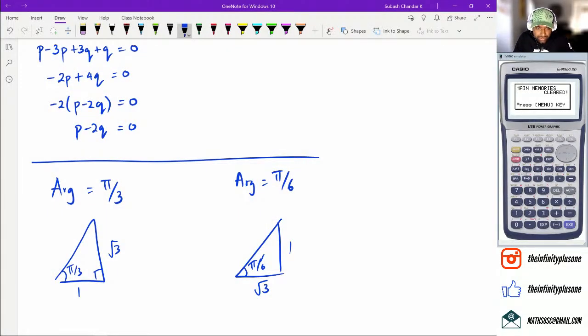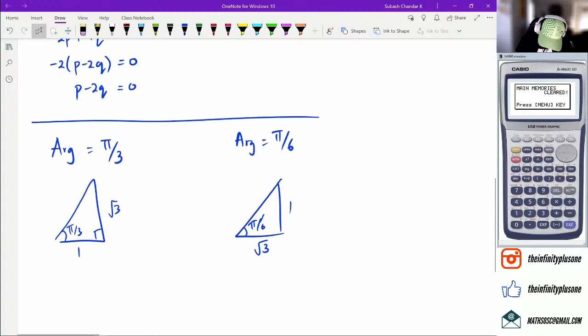So on the odd occasion, if they do give you this, where the argument is pi over 3 or pi over 6, you just need to remember that 1 real equals square root of 3 imaginary.